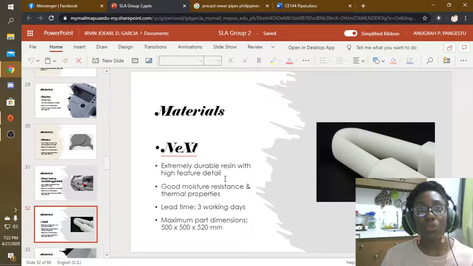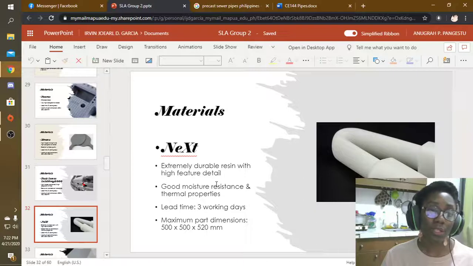So when you want to do models or sculptures or a mold of some sort, this material is very good. It shows you an almost accurate version of what you've envisioned or put in the SLA.